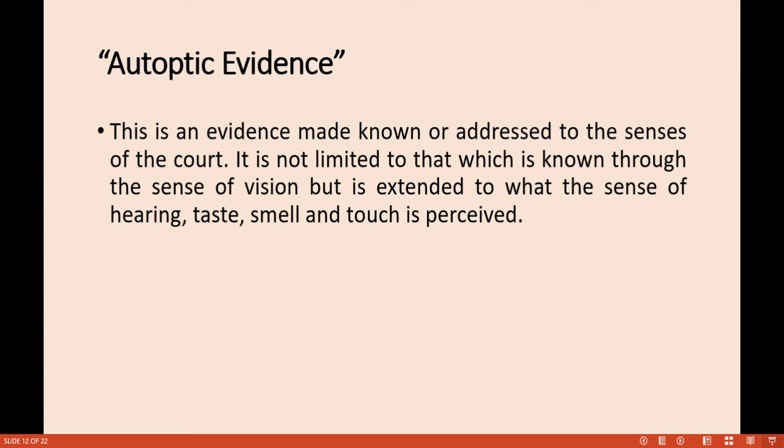It is not limited to that which is known through the sense of vision, but is extended to what is perceived by the sense of hearing, taste, smell, and touch. So all the senses: hearing, taste, smell, touch, and vision.